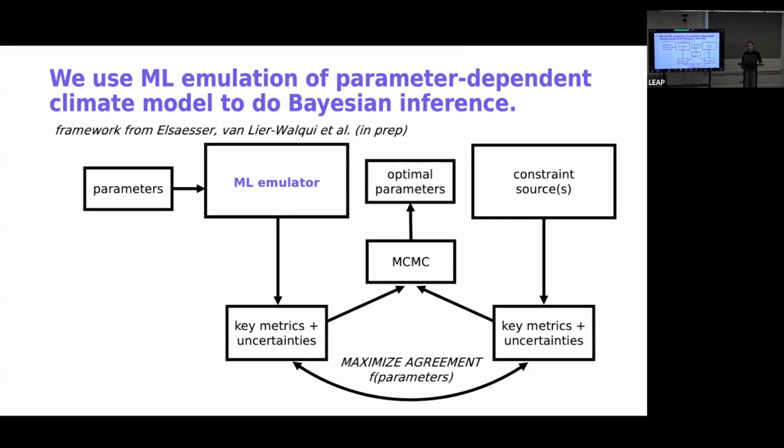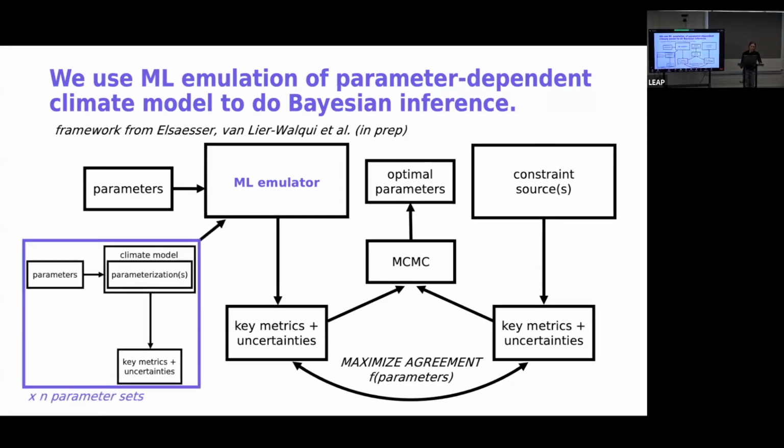Instead, building on work from Greg Alsasser and Marcus van Leeuwenhoek to tune the NASA GISS climate model, what we do is use machine learning to emulate how the climate model with its different parameter dependencies will produce these key metrics that we want to use to constrain our model parameters, and to do Bayesian inference using this emulator.